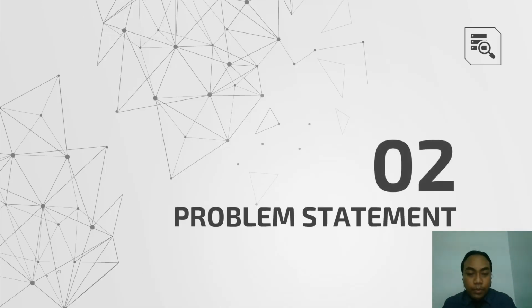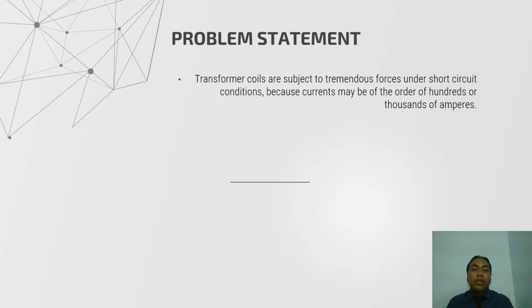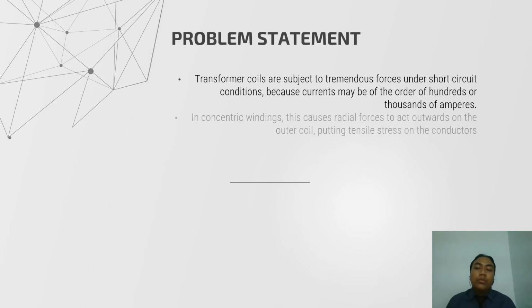Problem statement. The first problem statement for this project is that the transformer coils are subject to tremendous force under short circuit condition because current may be of the order of 100 or 1000 of amperes.